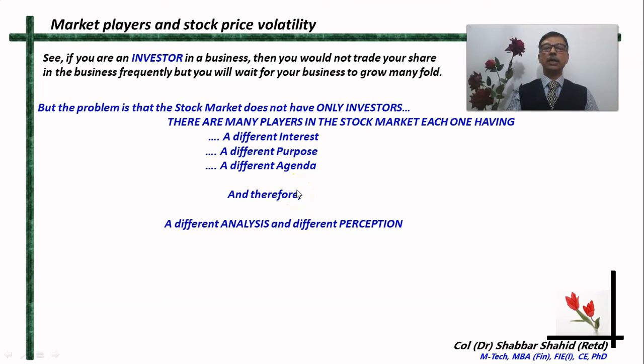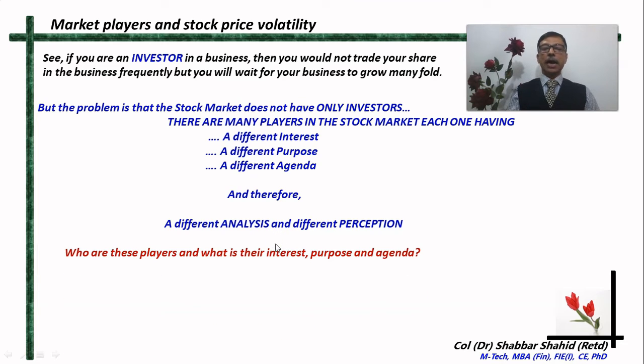And therefore, their analysis and their perception keeps on differing. As the analysis and perception keeps on differing, the market price will keep changing. Somebody is wanting to pull the price up, somebody else is wanting to pull the price down, somebody wants something, somebody wants a different thing. So that is why the price will keep changing.